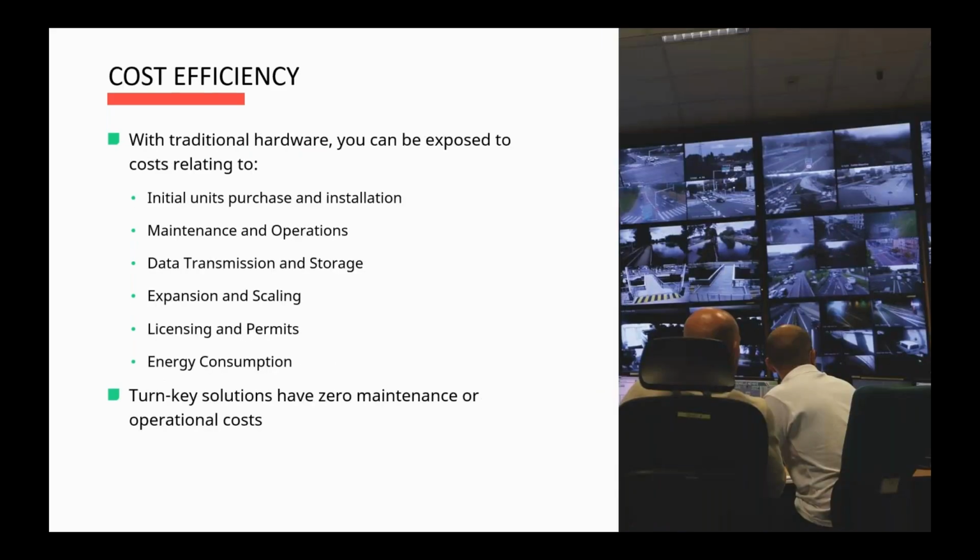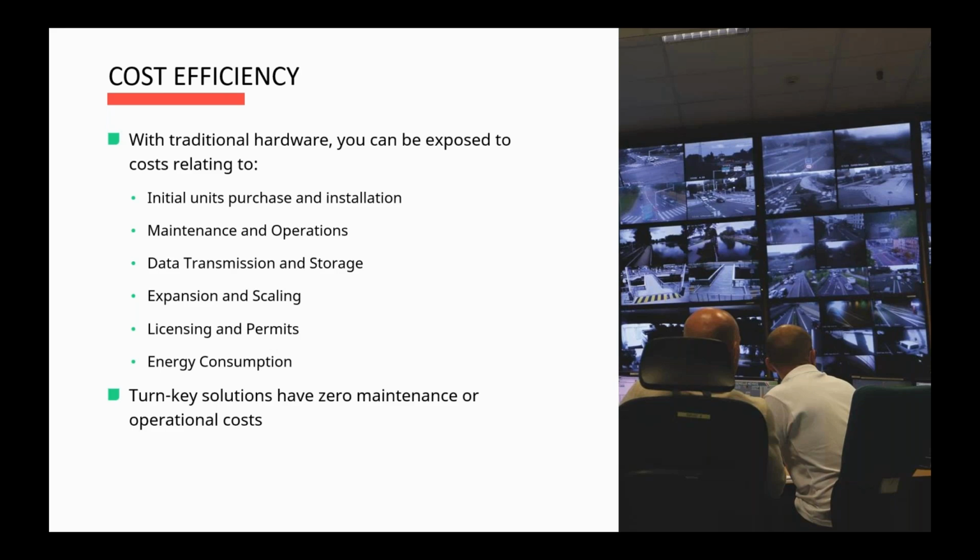The next metric, of course, time and money, and now we're talking about cost efficiency. In the traditional hardware environment, there are a plethora of costs associated with installing a hardware system. These are, of course, the initial unit purchase of our hardware systems, and then installing them, which includes labor costs.